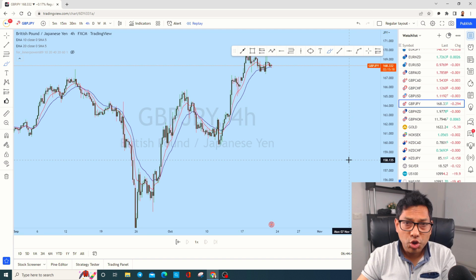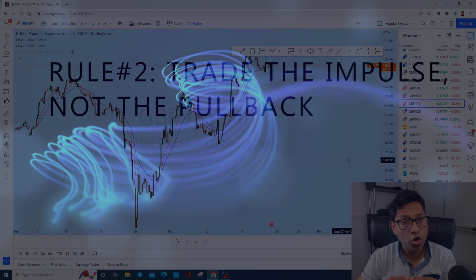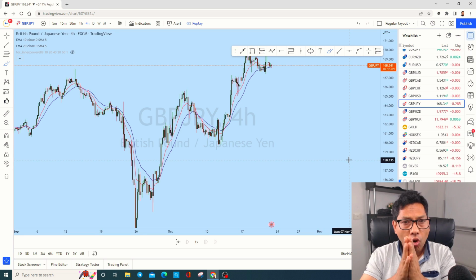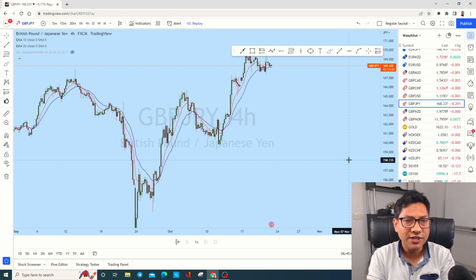Scalping rule number 2: always trade in impulse, not in pullback. What do I mean by this? See, in scalping, you always need to use at least 2 or 3 time frames. Let's assume you are trading on the 5 minute or 1 minute.